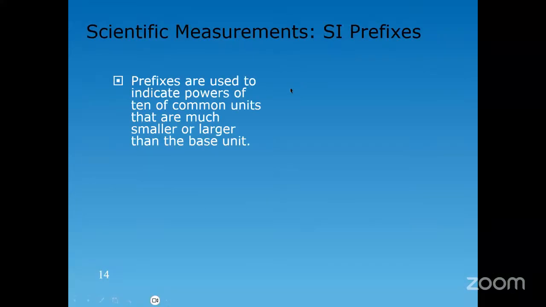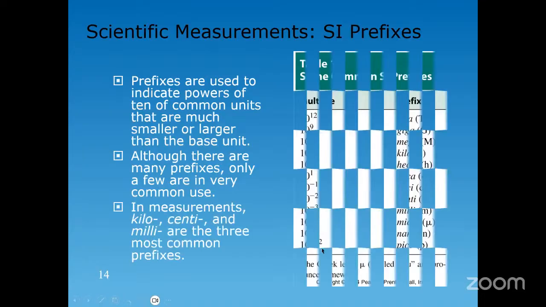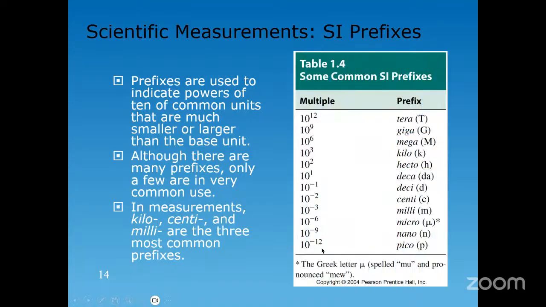So I was mentioning that, of course, in the course of performing experiments, you'd have to take measurements using different instruments and so on. And I was making reference to the metric system as a system that is used universally by scientists to record measurements, or to express the units of the particular measurement that you're making. The reason why the metric system is used worldwide is because it's very convenient, especially when dealing with very large or very small numbers.